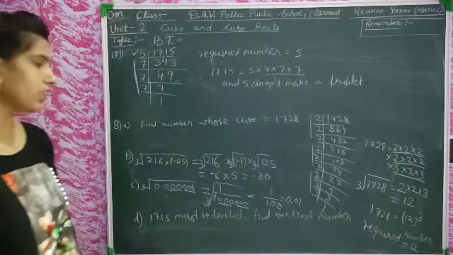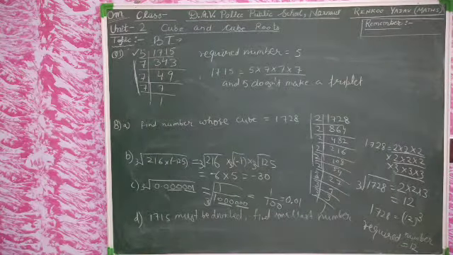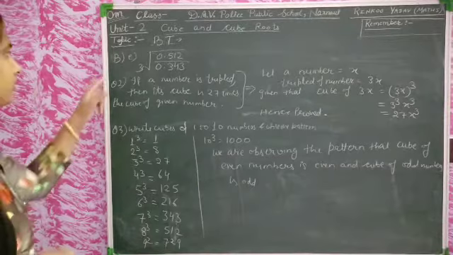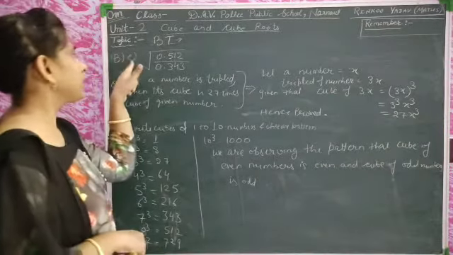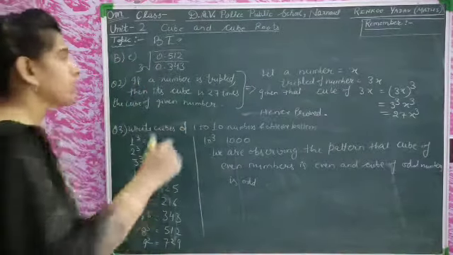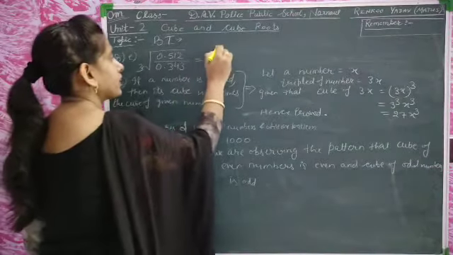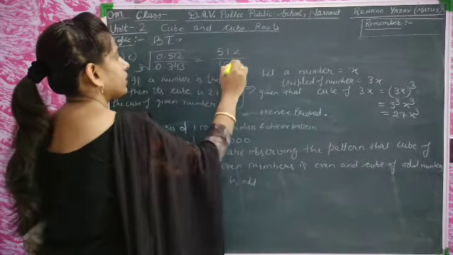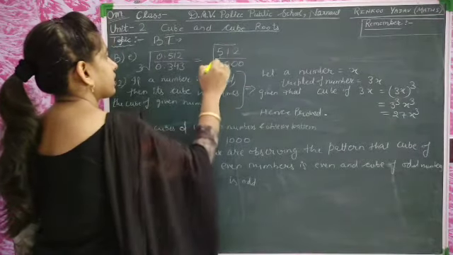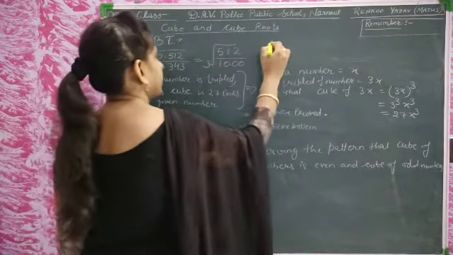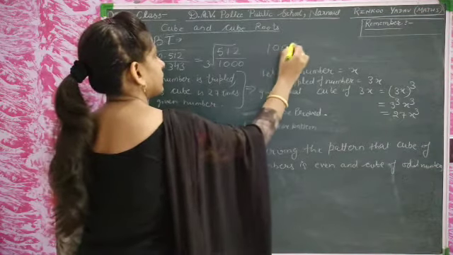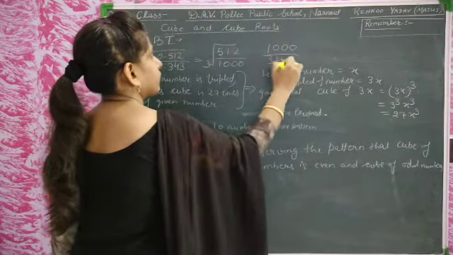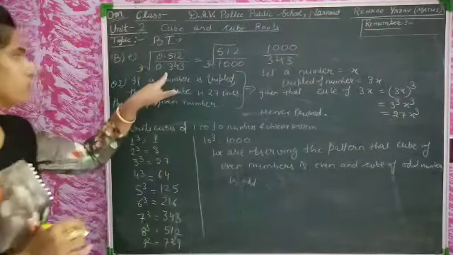Okay, students, now we will go to the next question. You are seeing that part B, part E is this. Now we will solve it as 512 divided by 1000, and take its cube root, and 1000 divided by 343. Remove the decimal from there.